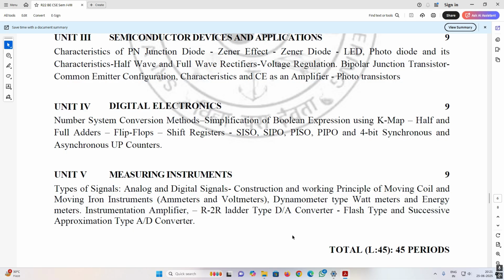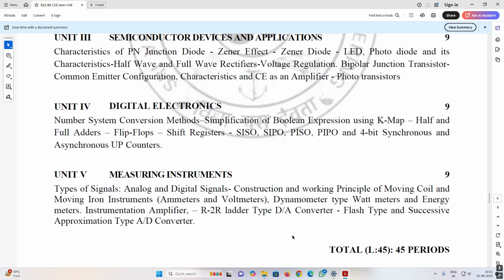Also we will discuss instrumentation amplifier in a very simple form, and D to A converter or DAC, that is nothing but digital to analog converter, and one type, R to 2R ladder type digital to analog converter, we will discuss.